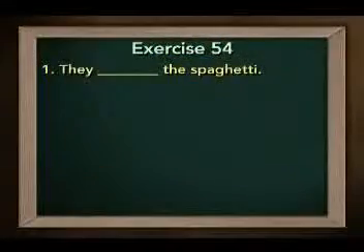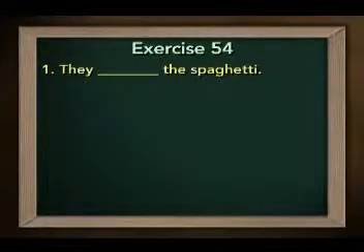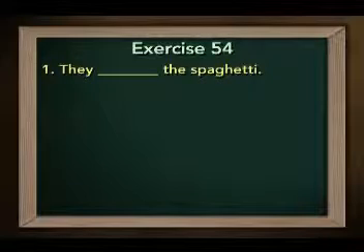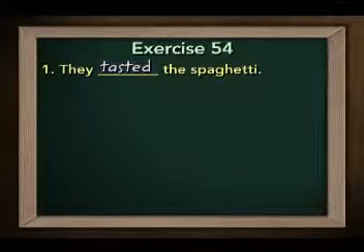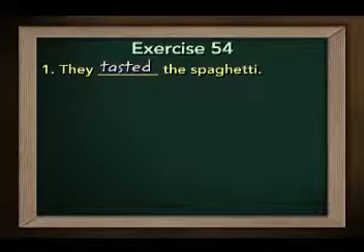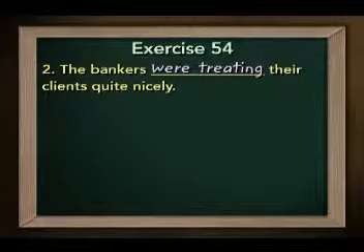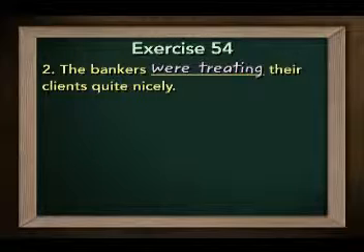Let's review that exercise. You saw they, a blank, the verb taste, and the spaghetti. And you wrote the sentence, they tasted the spaghetti. Taste is a verb of sense. You can't make a past continuous out of that, or you shouldn't. Next one. The bankers were treating their clients quite nicely.